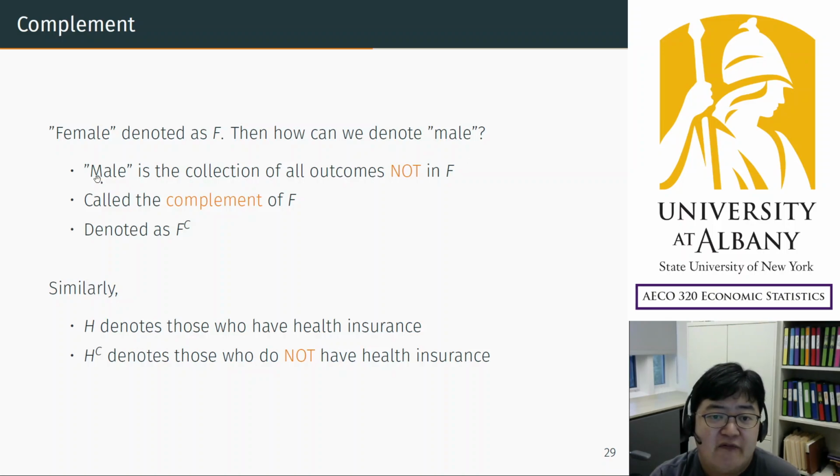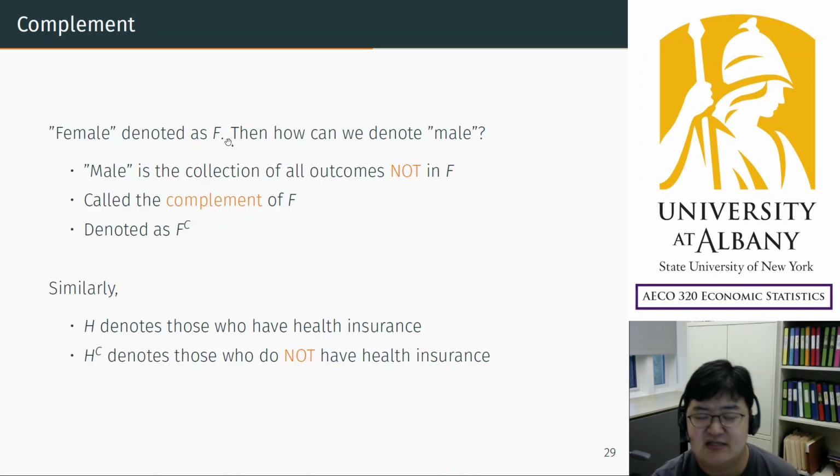So male is the collection of all outcomes not in the basis event F. Casually speaking, we can understand it as not, but in set theory, it is called complement. An event is a set of outcomes, and the other side of the set is called the complement set, denoted as F superscript C, F complement. You may understand this simply as not included in F, or event F does not happen.